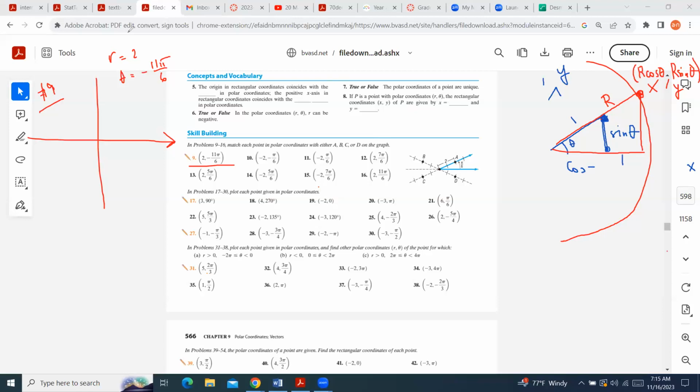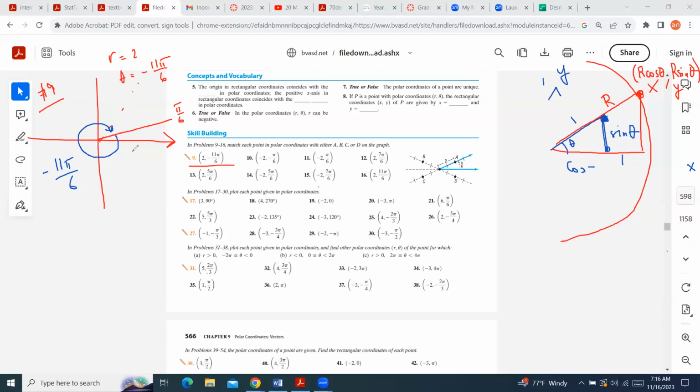But that's just a totally different story. So 11 pi over 6, I think, will be here, because if this is angle pi over 6, right? If I divide this into 3 pieces, and then 3 and 3 and so forth, then 11 pi over 6 will end up at the exact same angle. So if you just rotate by negative 11 pi over 6.